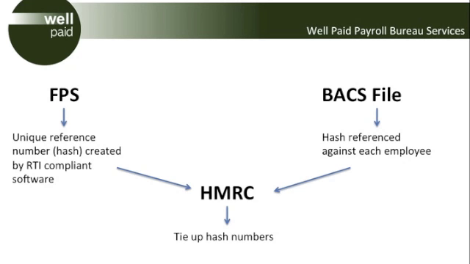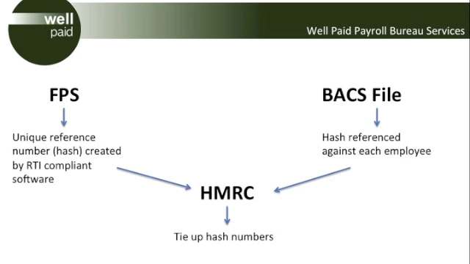Our final piece of information in this RTI webcast is to make you aware of the changes required where you pay your employees by BACS using your own service user number or SUN number. In order for HMRC to be able to cross-reference the FPS submission in respect of your employees with the actual payment made to them using the BACS system, a random generated reference number will need to be added into the BACS file.